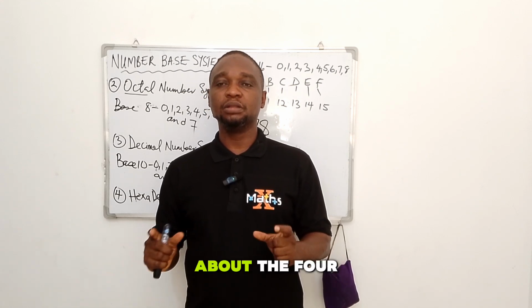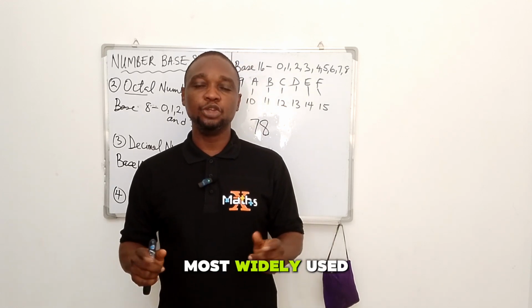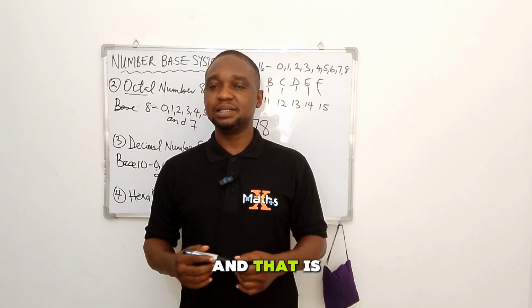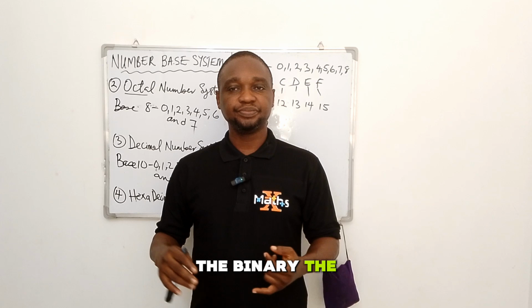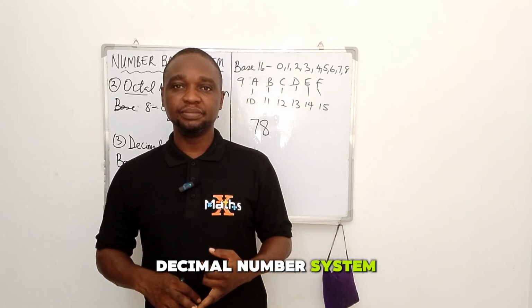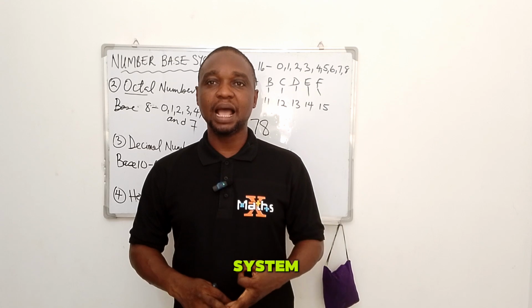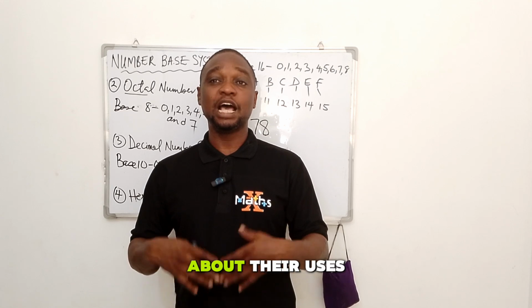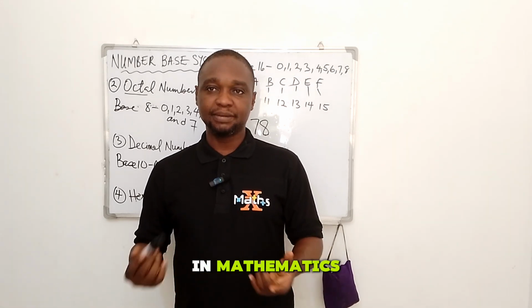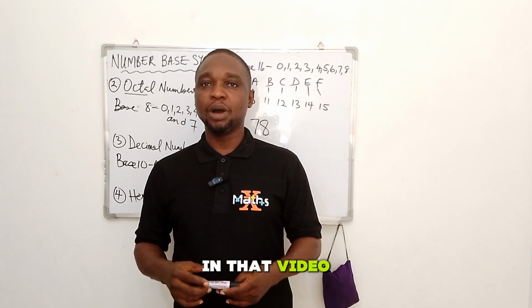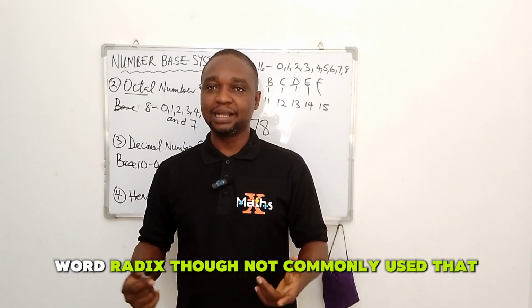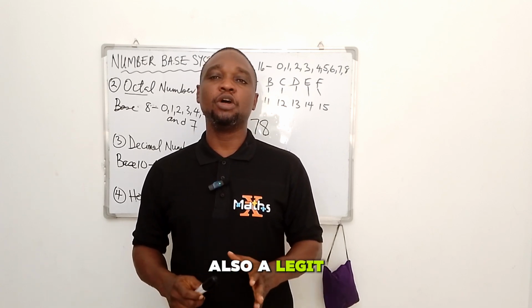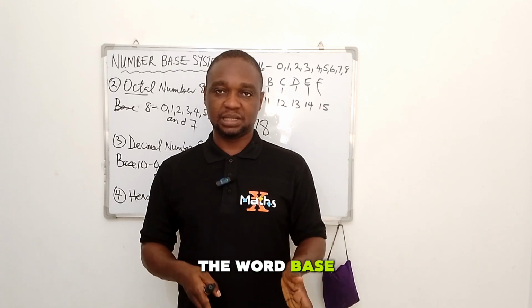We also talked about the four most widely used number-based systems in mathematics, and that is the binary, the decimal number system, the octal number system, and the hexadecimal number systems. We also talked about their uses in mathematics. In that video, I also exposed you to the word radix, though not commonly used, but also a legit way of expressing the word base.